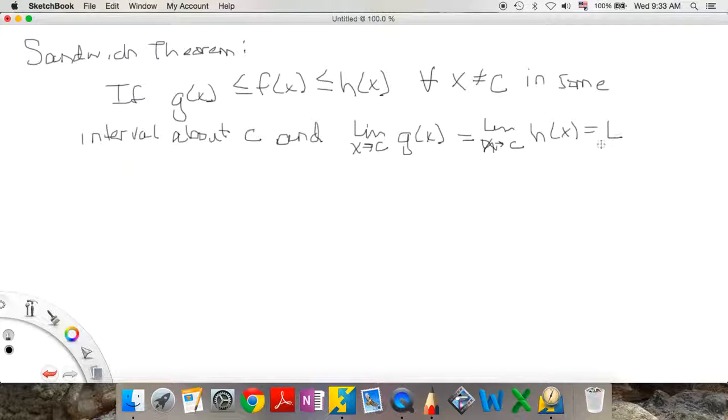You know they're both equal to each other and it's L. Then you know that the limit as x goes to c of f of x equals L.